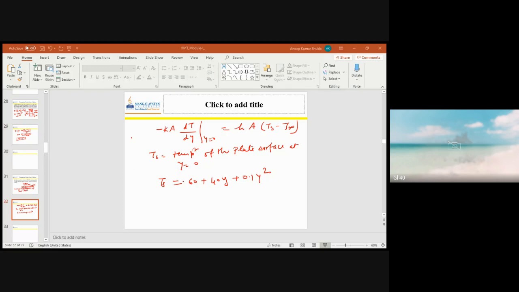So this is the overall heat transfer coefficient. So we will stop the session here.